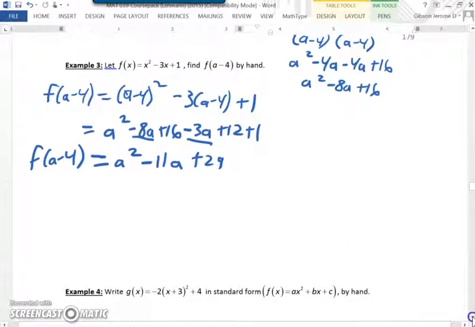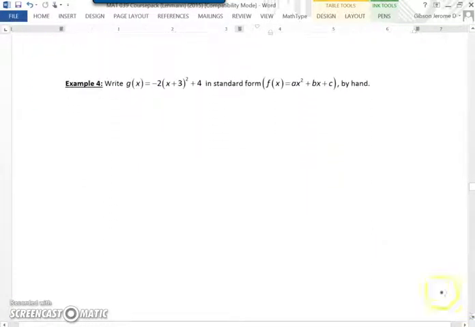Okay, so now go down here to example 4. Basically the same setup, but it's a little bit more to it. We want to write this here in standard form with f of x is equal to this here. Basically what we want to do is take this parenthesis, square it, and then combine like terms and multiply it by 2.